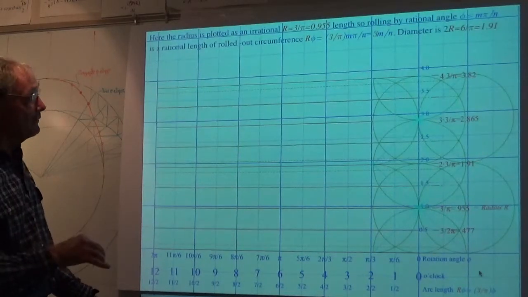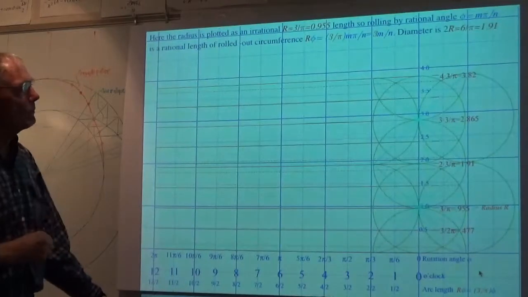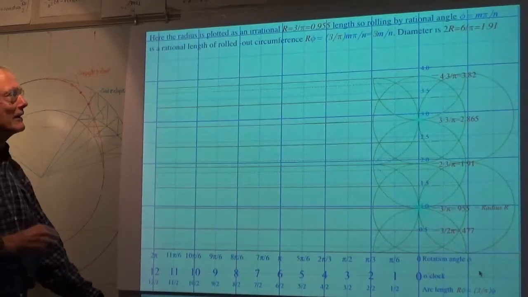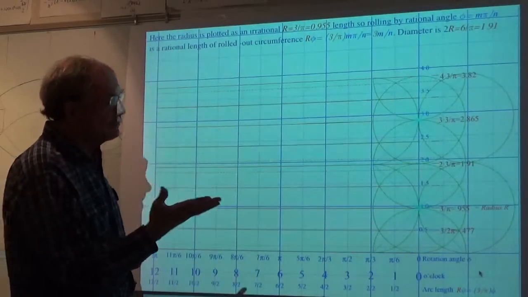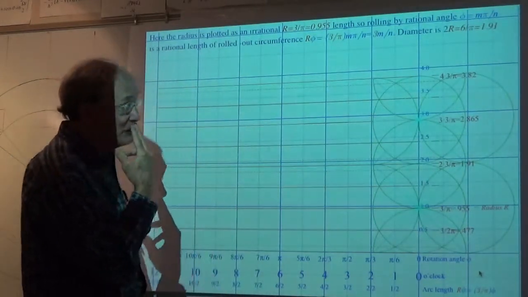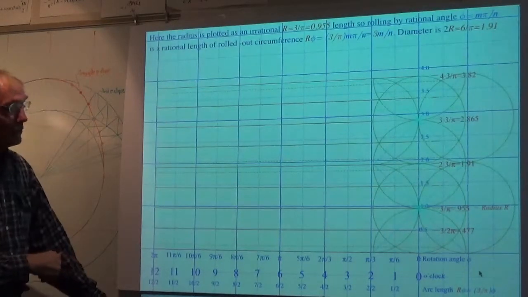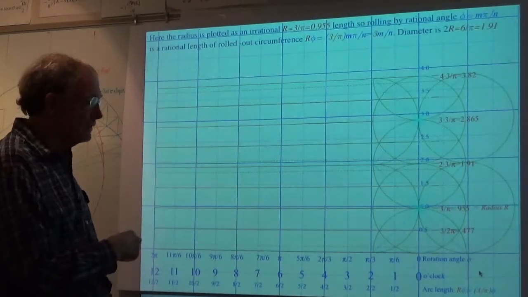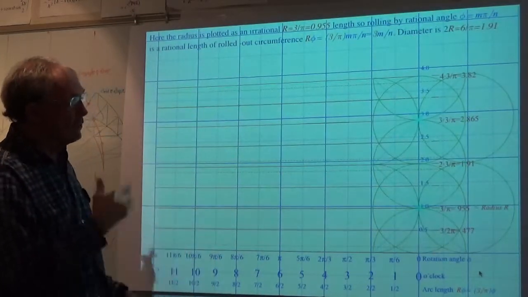pi is an irrational number. It's not 3, as it says in 2 or 3 places in the Bible. It is 3.14159. We're dealing with about 2-figure or maybe 3-figure accuracy at the best on a plot like this. So 3.14 is really all you need to know. But once you do that, then you can make a decent cycloid.